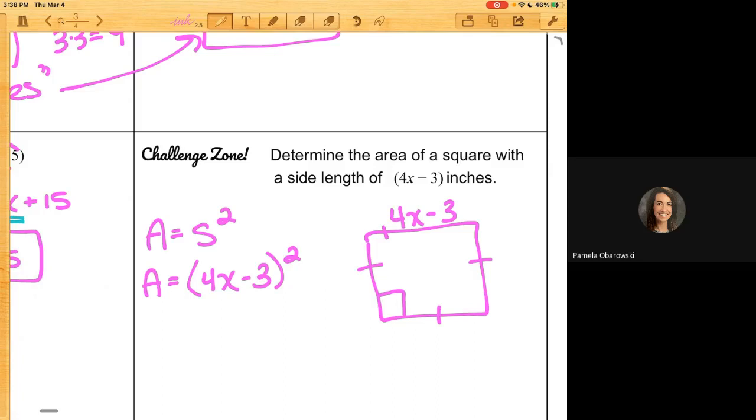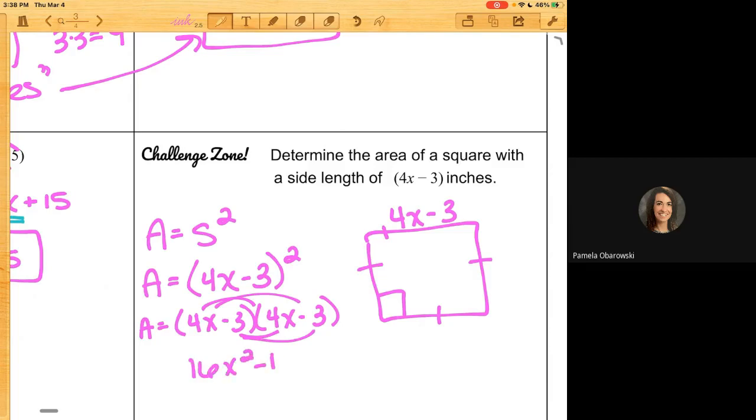So we're going to go back to what we did up top here. We're going to say area equals 4x minus 3 times itself. That's what I get when I square something. And I'm going to do first, outside, inside, last. Let's finish it off. 16x squared minus 12x minus 12x plus 9.